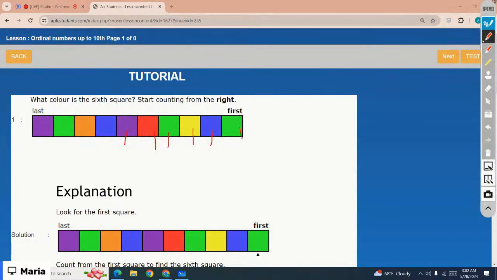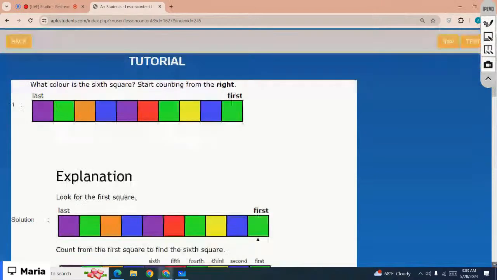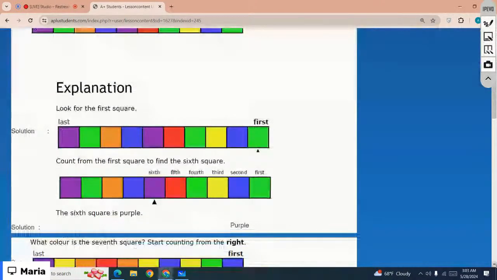So that means the sixth square is purple color. Okay, let's just start with the test questions.